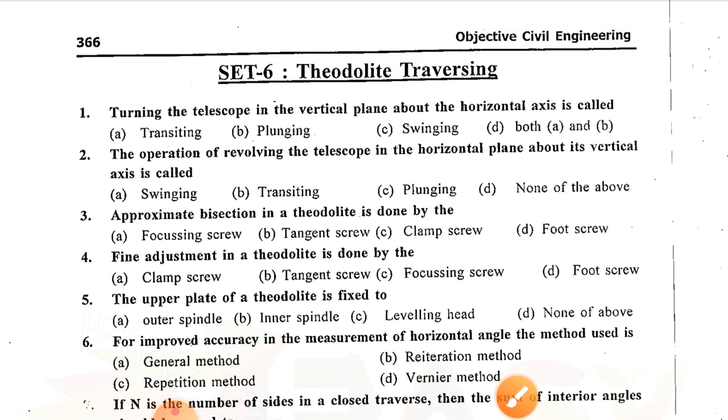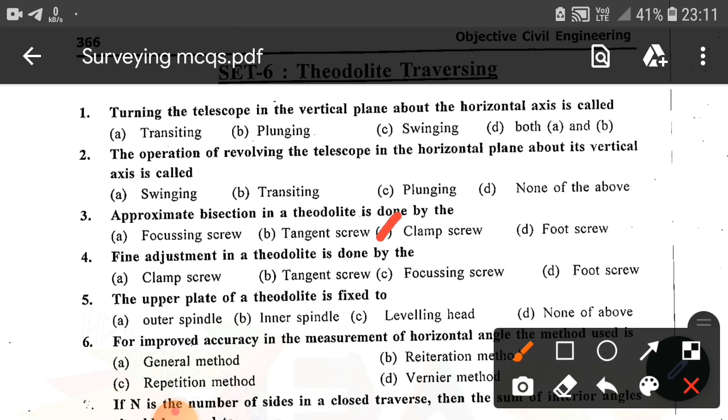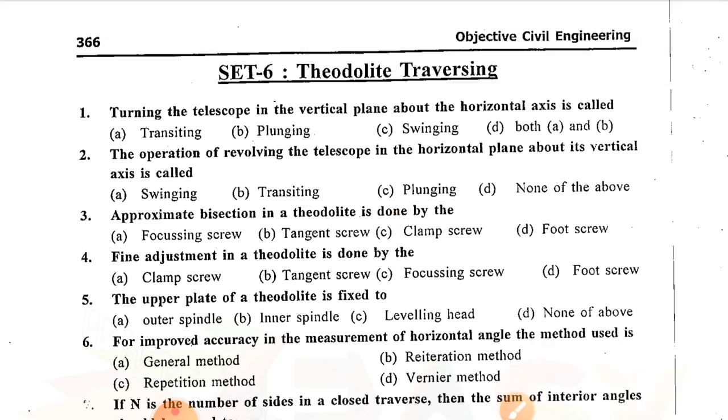Question number 3, approximate bisection in a theodolite is done by. Option C is correct, clamp screw. Question number 4, fine adjustment in a theodolite is done by the. Option B is correct, tangent screw.